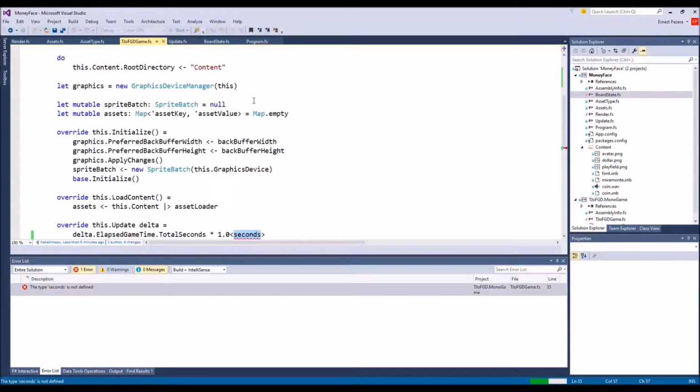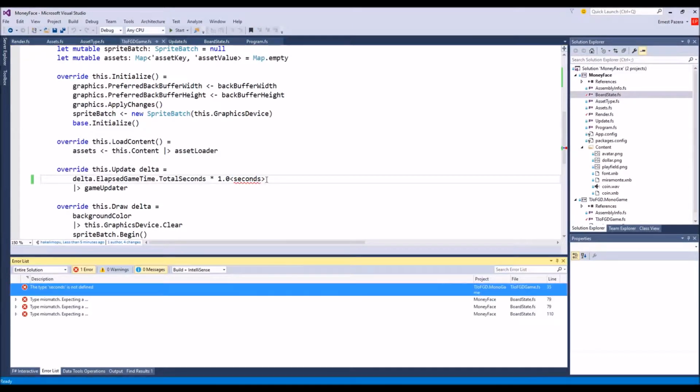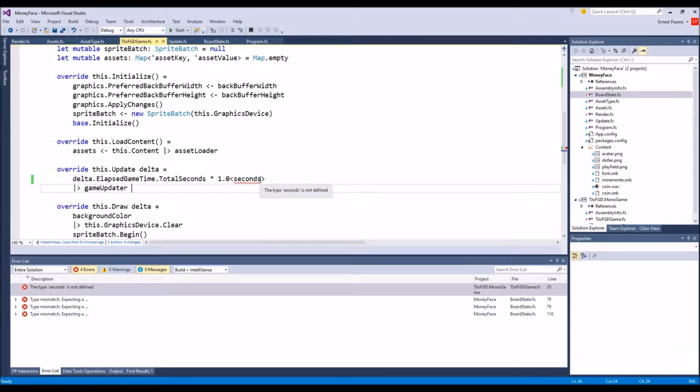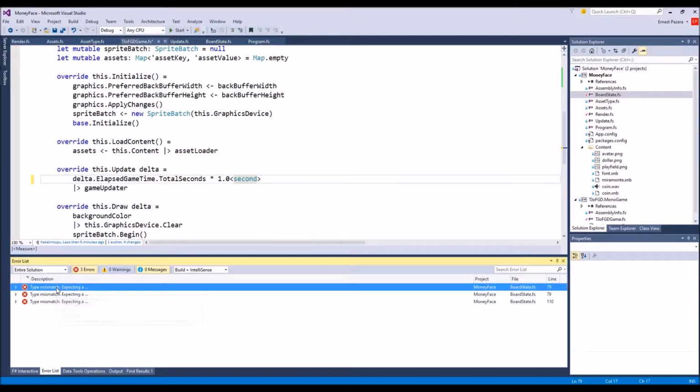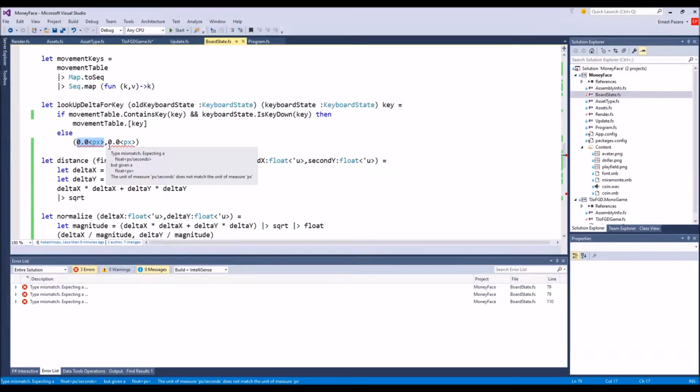Seconds is not defined. What happened here? Get rid of you. And look up, it's pixels per second. Pixels per second.